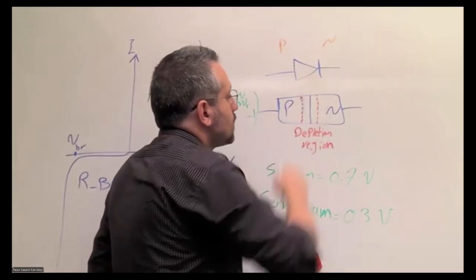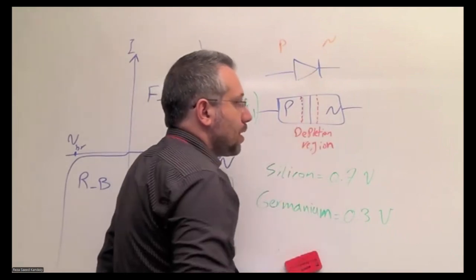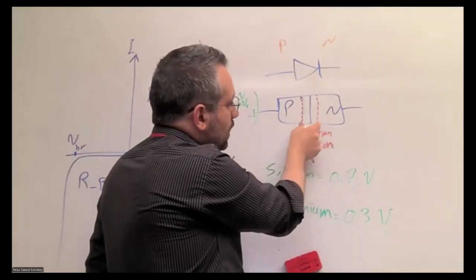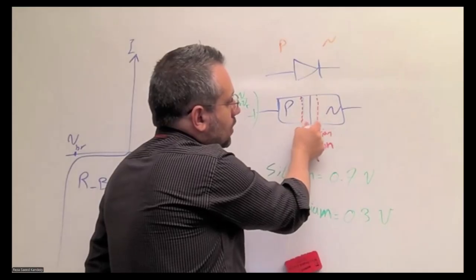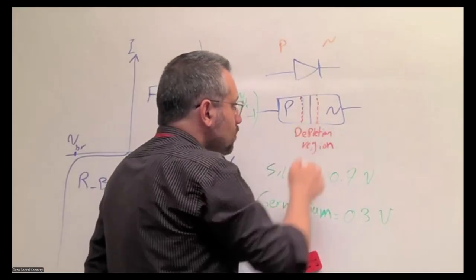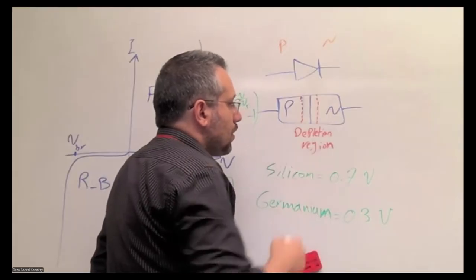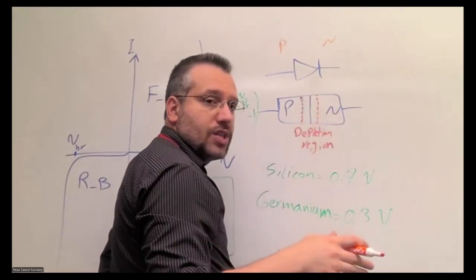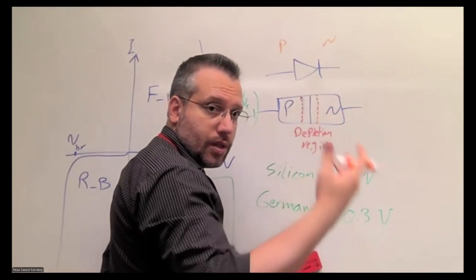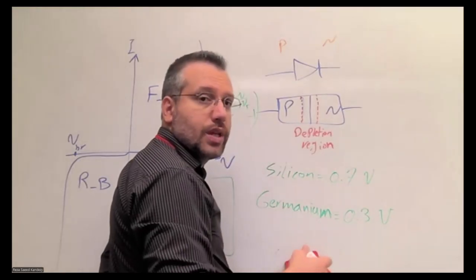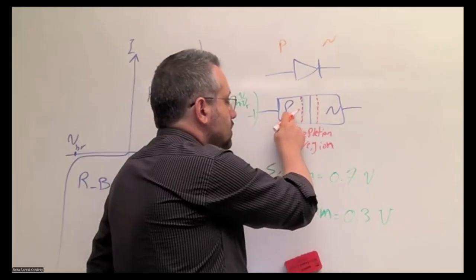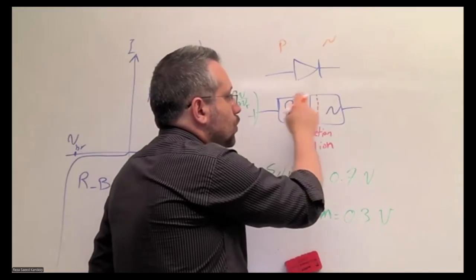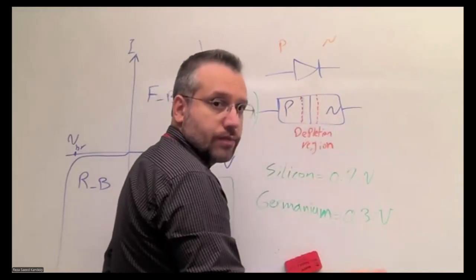Now, inside the diode, we have two types of semiconductor that are connected to each other, a p-type and an n-type. Between the p-type and n-type in this connection, there is a region that we call the depletion region. In a default setting, this depletion region does not allow the charges to go from the P semiconductor to the N semiconductor and vice versa.